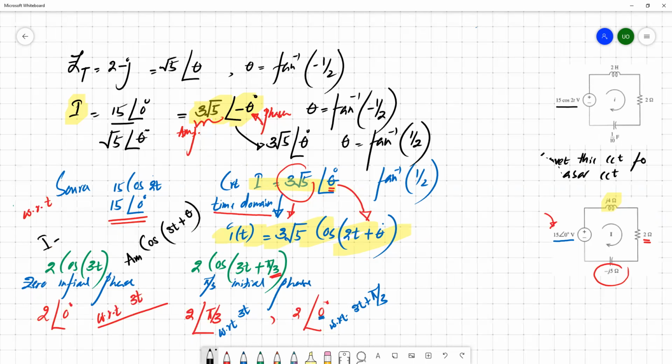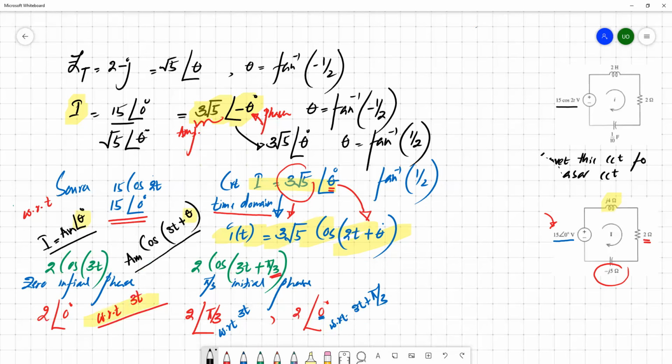Let's assume you have this phasor. If you evaluate it and find the current as AM angle theta, and the source is converted into a phasor like 2 angle 0, then this is AM cos 3t plus theta. This additional angle appears because we take 3t as a reference, assuming no initial phase.